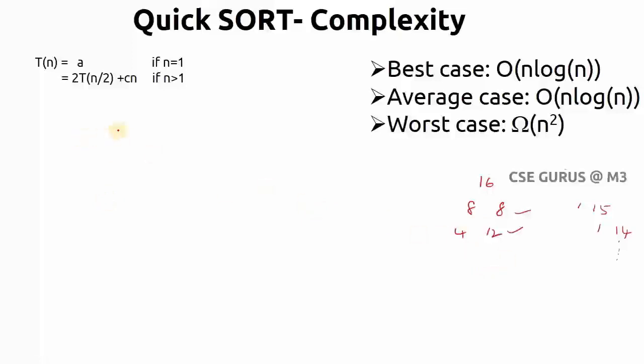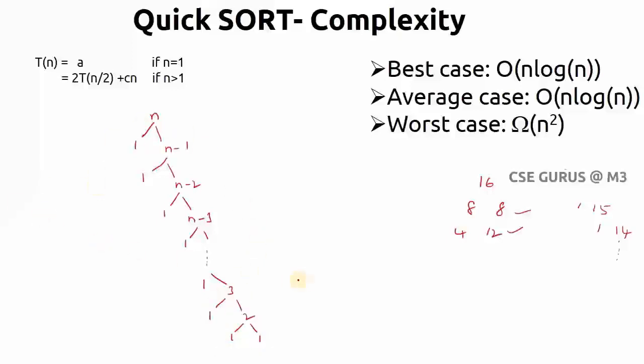If I have n elements, one element on one side, the other n minus 1 elements on the other side. One more time, one element on one side, n minus 2 elements on the other side. Like this it will go, n minus 3 elements on the other side, up to one element on one side and 3 elements on the other, then 2 elements on the other, then one more element on the other side.